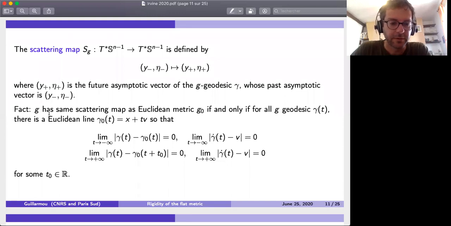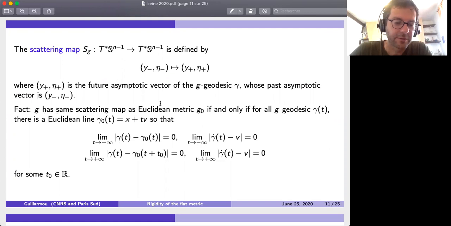Now it's a little reformulation, a little exercise, not very hard, but not completely trivial either. It needs a bit of analysis: how to characterize the fact that a metric G has the same scattering map as the Euclidean metric.